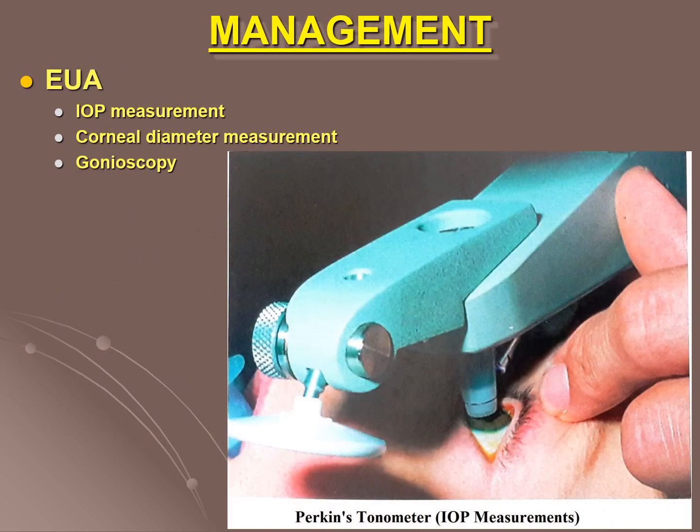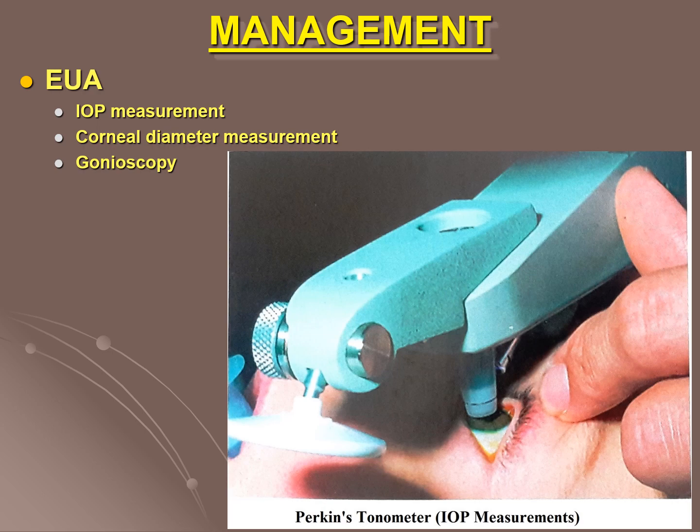How will you manage a case of congenital glaucoma? You must do examination under anesthesia. There you measure the corneal diameter. The normal diameter of a neonate is under 12 millimeters. If it is more than 12 millimeters, it is suspicious, and 14 millimeters or above is diagnostic.